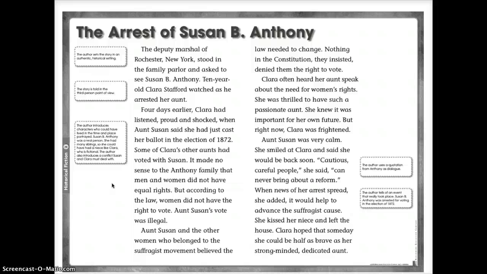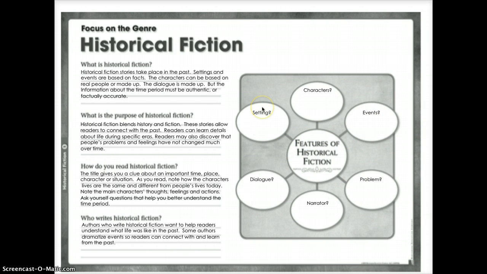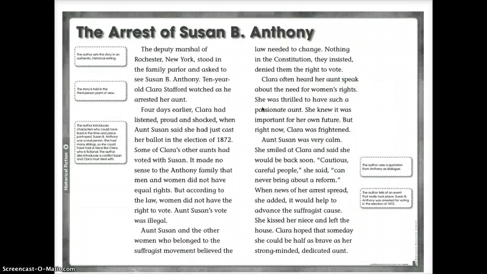Now, ladies and gentlemen, what I'd like you to do is underline or highlight and draw an arrow to where the setting of the story and the point of view are, and see if you can isolate and identify this important information that we talked about in this slide and this slide, and identify that within this article.